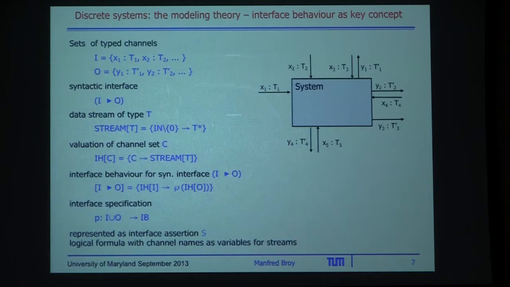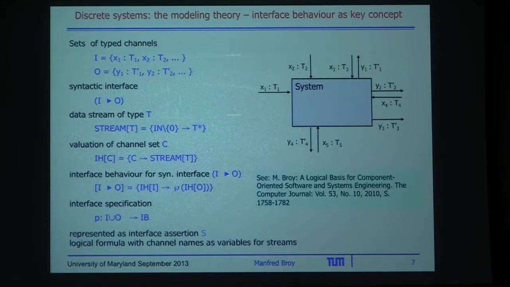We like that it's very simple, easy to explain to engineers, and in a sense quite powerful because it already includes time. So the model has time, in this case discrete time, as a built-in concept.